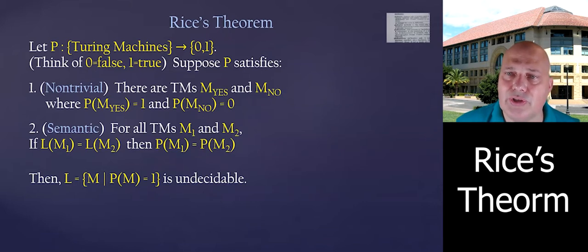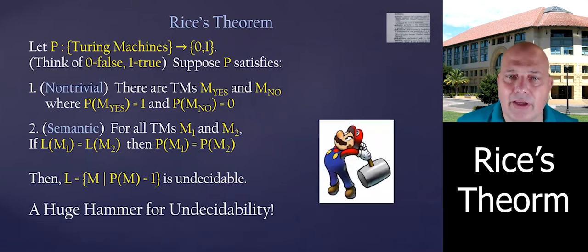So every language about computations, about Turing machines, that has this property is going to be undecidable. Many things about computations are going to be undecidable. In fact, there is going to be a third condition under which this is also going to be unrecognizable. So it is a very powerful hammer for undecidability, unrecognizability, and you can use it.